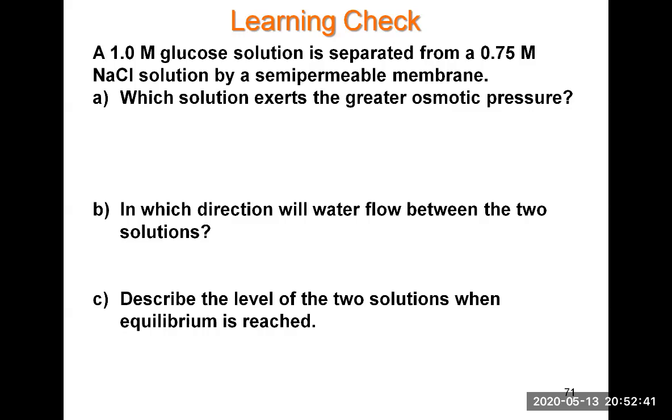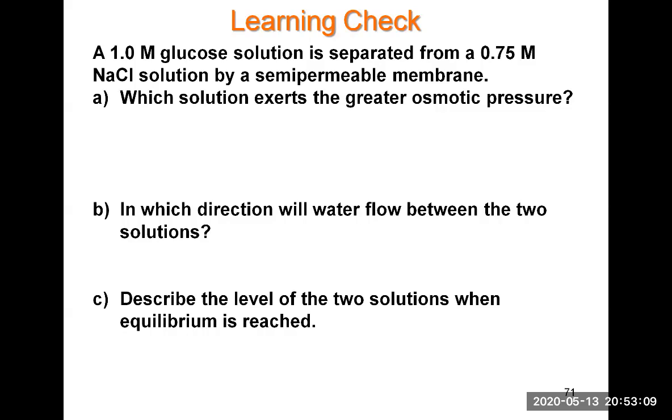So to find the solution that exerts the greater osmotic pressure, again, you need to find the solution that has the most dissolved particles in it. And so if you look at it quickly without paying attention, you may think, oh, the 1 molar is more concentrated than the 0.75 molar NaCl solution.